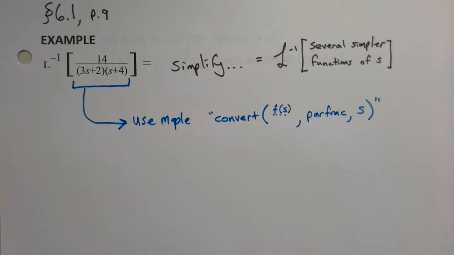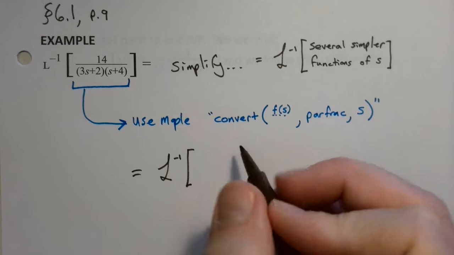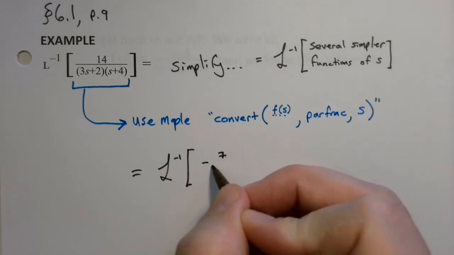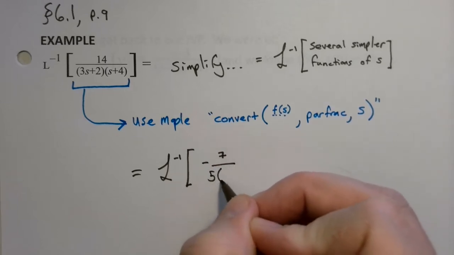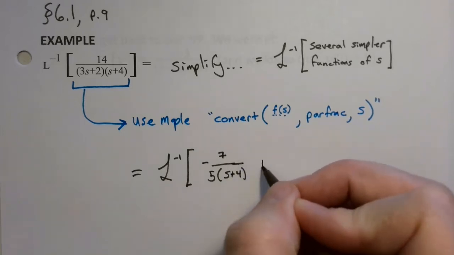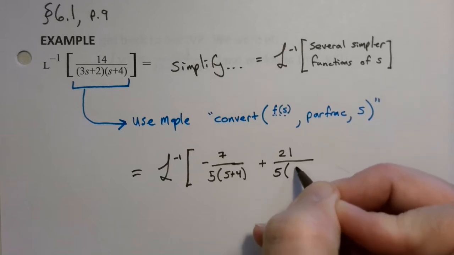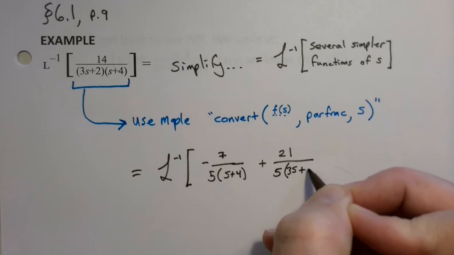Now, if you type that into Maple, and I encourage you to do it, I've got it in the Maple worksheet for this video. You can take a look at what happens. Maple's really fast, super fast, and we find out that this thing is really equal to the Laplace inverse of the two fractions -7 over 5 times s plus 4 plus 21 over 5 times 3s plus 2.